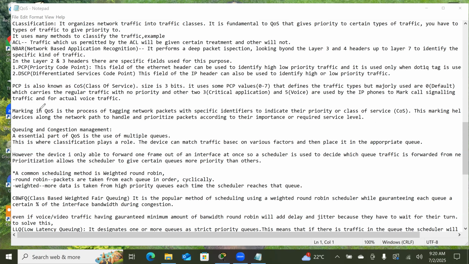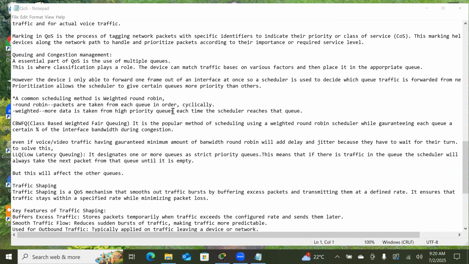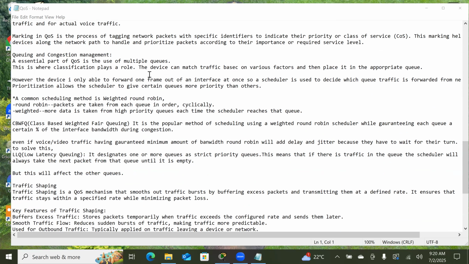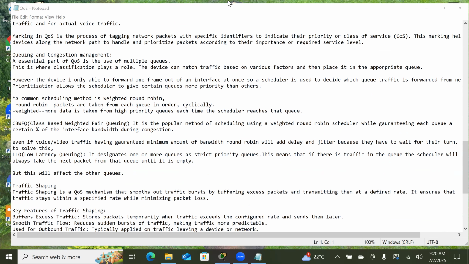So what is marking here? Marking in quality of service is the process of tagging network packets with specific identifiers to indicate their priority or class of service. When the prioritized data comes to marking, it says, yes, this is the highest priority data, and I'm going to give a tag to this one.